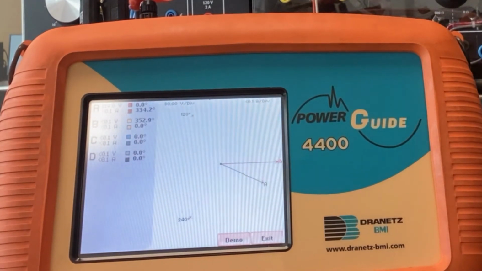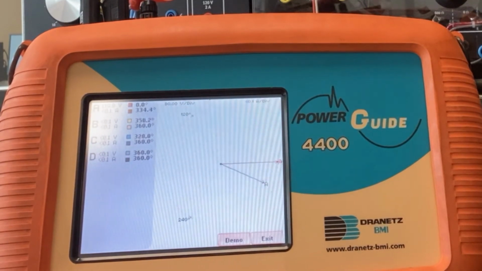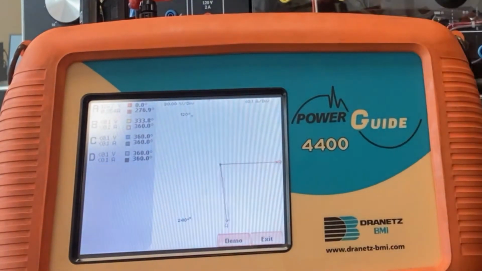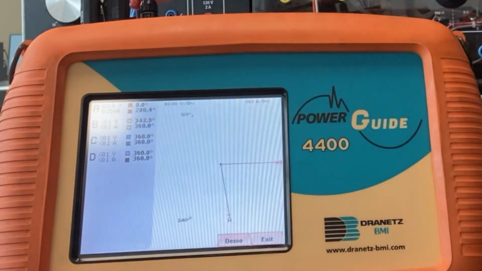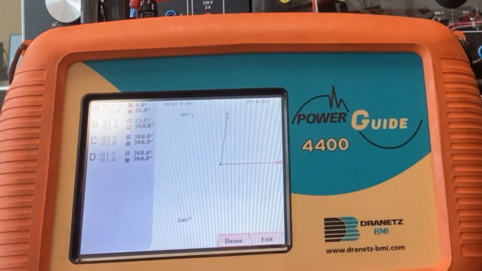So we get a circuit where we want to tune out the phase shift between the current and the voltage, and we know how to calculate the proper amount of capacitance and inductance to do that. And with different amounts of capacitance, like you see here, the phase angle is going to change. I'll put in a different amount of inductance, and the phase angle is going to change yet again.